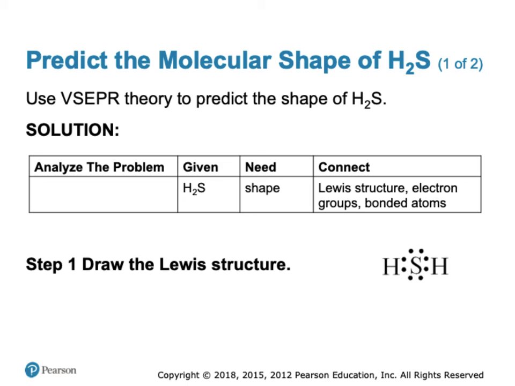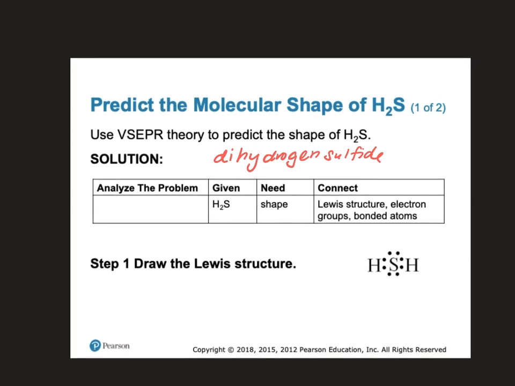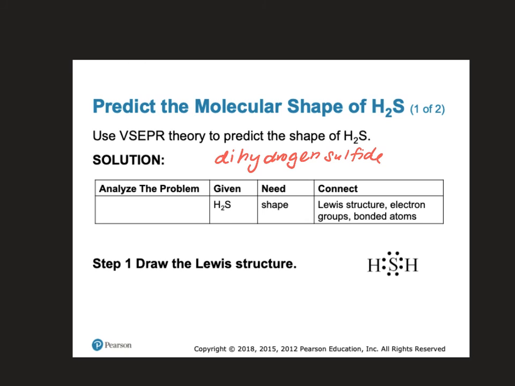All right, so now let's try and predict the molecular shape. We have the formula H2S. You should be able to name this compound. All right, the name of this compound is dihydrogen sulfide. All right, let's draw the Lewis structure. We need to determine how many valence electrons we have.